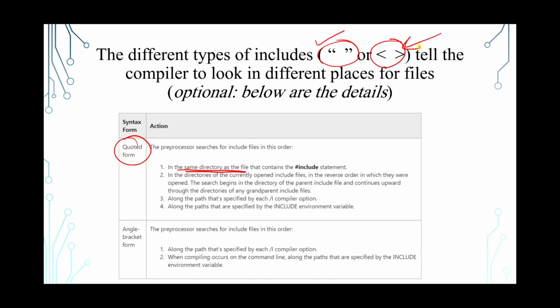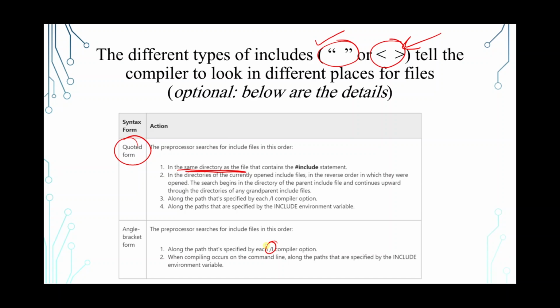However, for the angle bracket form, the preprocessor searches for include files in this order: along the path specified by each compiler option after the compiler option /I, when compiling occurs on the command line, and along the paths specified by the INCLUDE environment variable.